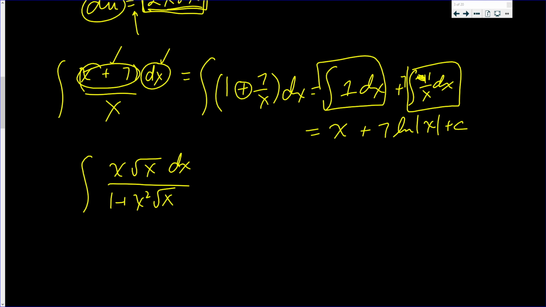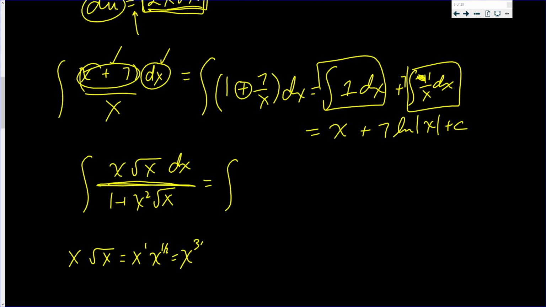Now, you might guess, since we're in the chapter or section where we typically get the integral of du over u, that we should call the bottom u. But the first thing I would do is multiply this out. Remember, x means x to the 1, and the square root of x means x to the half.